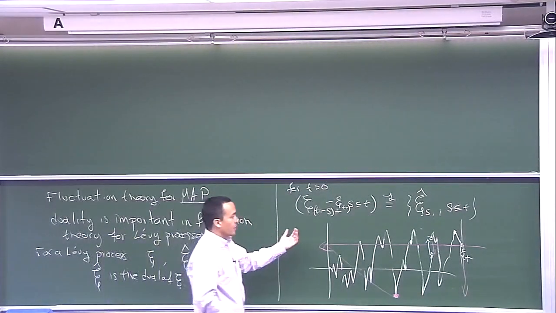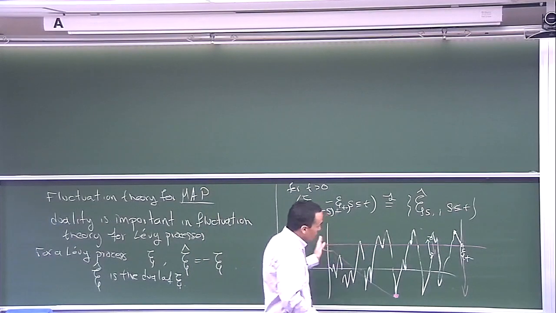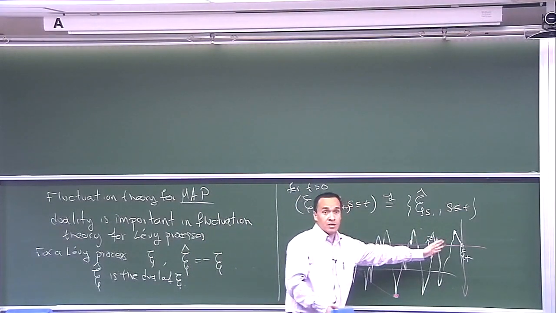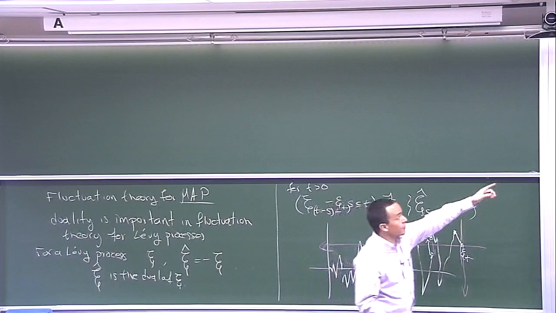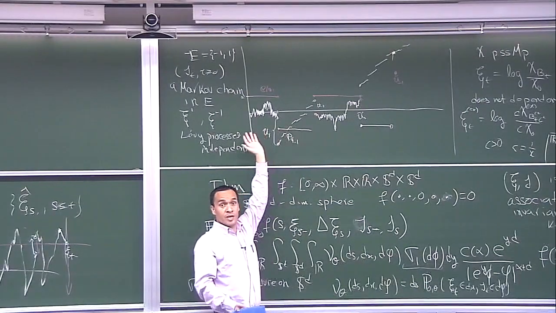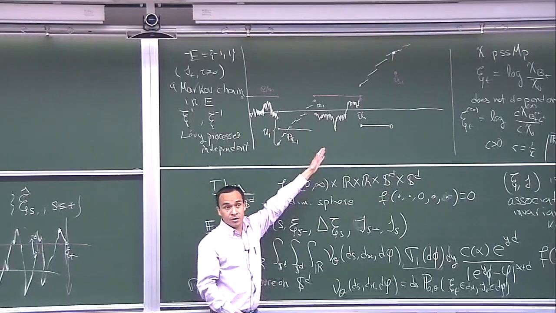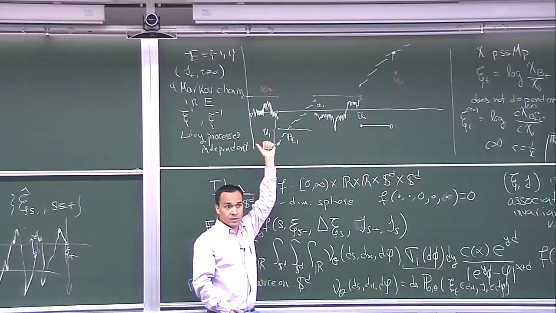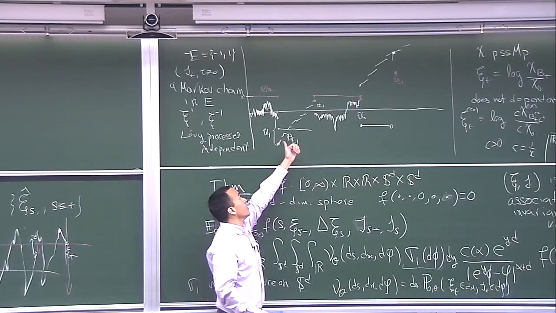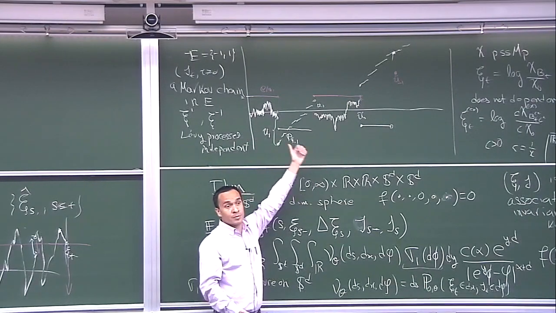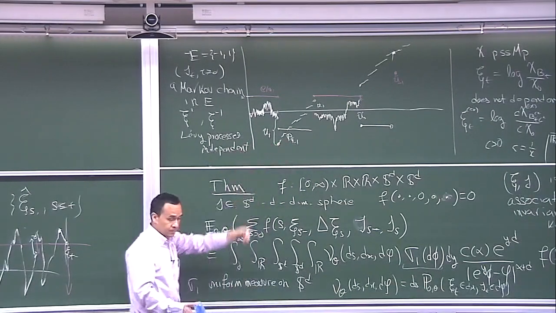In particular, when we run the Markov chain J, we need to be able to run the Markov chain backwards, and we need that Markov chain to be reversible.